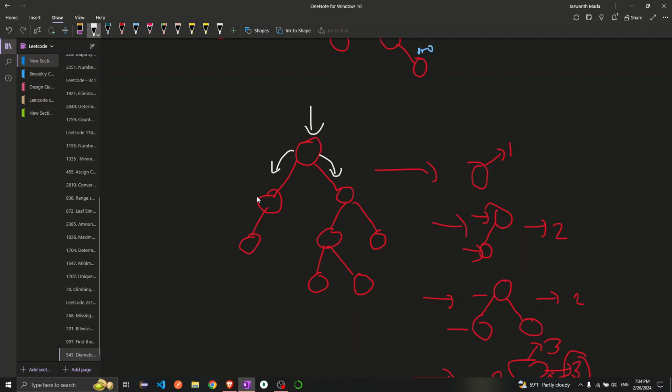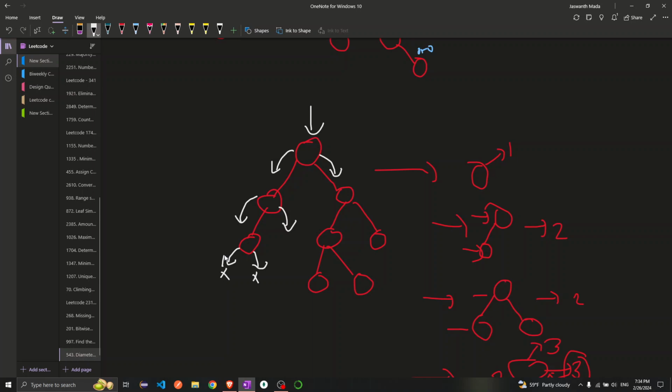Then I'll say go and find the height of the left subtree and go and find the height of the right subtree. And from here I'll say go and find the height of the left subtree and go and find the height of the right subtree, right? So if you see I have no nodes here. When we say we don't have any nodes, we basically have nulls, right?